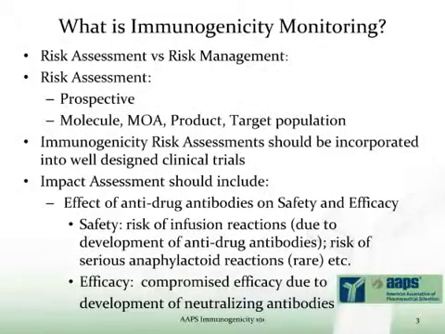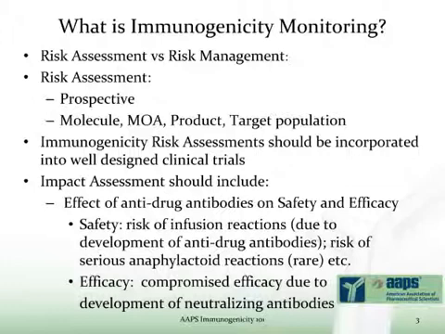So let's look at what is immunogenicity monitoring. And first and foremost, it is important to distinguish between risk assessment and risk management. I'm sure you've heard about the term risk assessment so far in the earlier chapters of this course.